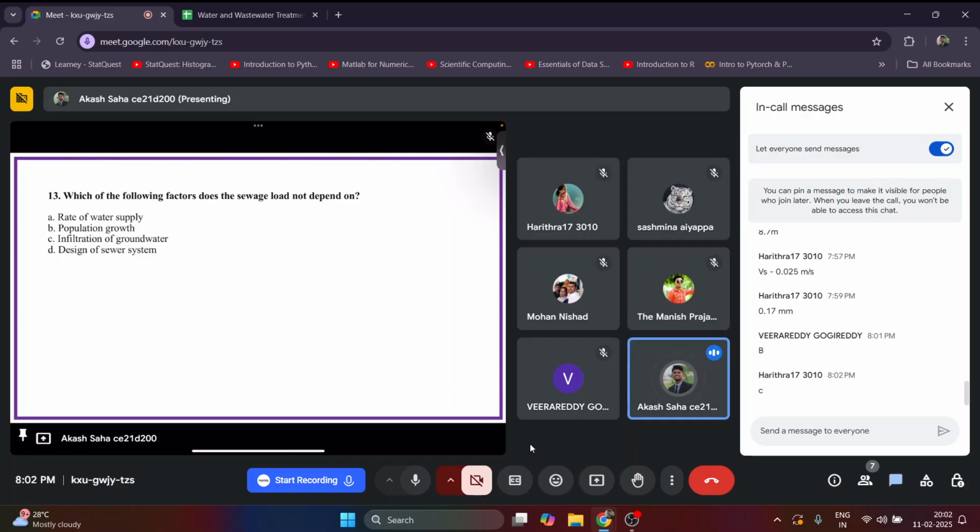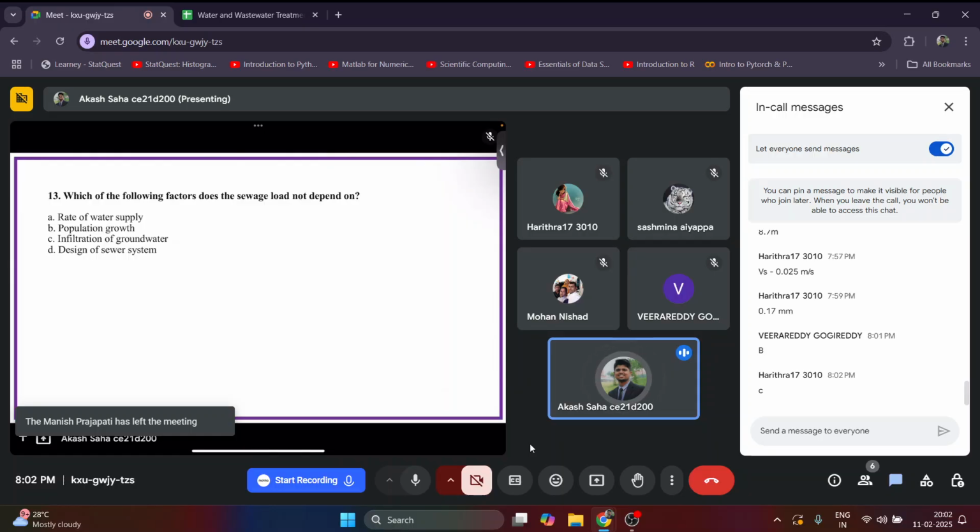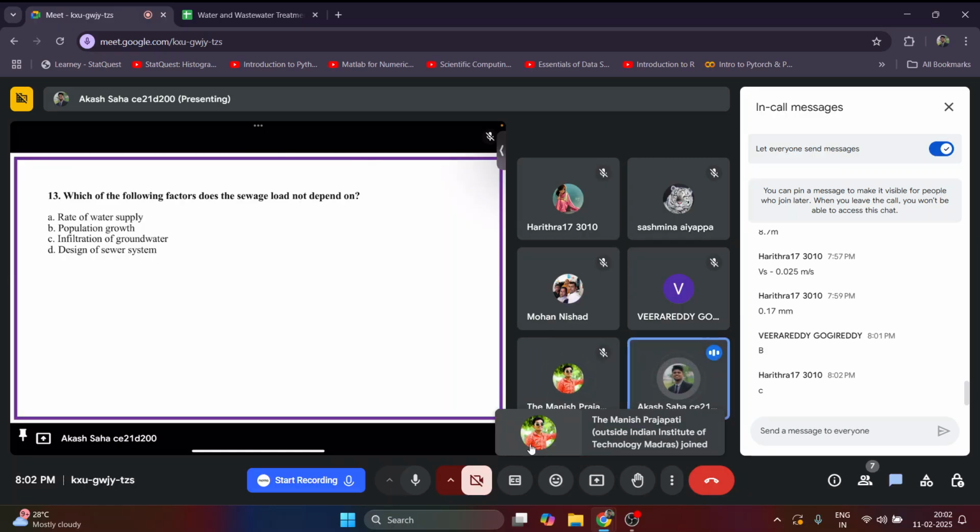Just take the cases one by one. Think about water supply. If the water supply increases or decreases, will it affect my sewage load? If the population increases or decreases, will it affect my sewage load?